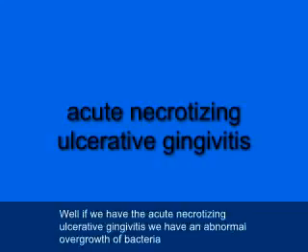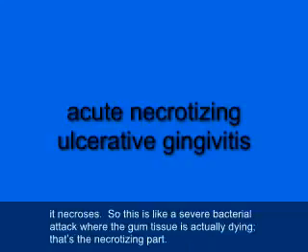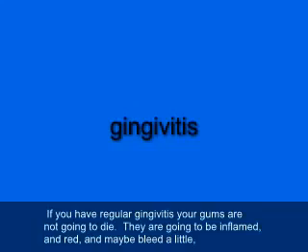Well, if we have the acute necrotizing ulcerative gingivitis, we have an abnormal overgrowth of bacteria that is attacking the mouth, and it causes extreme inflammation and infection of the gingiva to the point that the gum tissue dies. It necroses. So this is like a severe bacterial attack where the gum tissue is actually dying. That's the necrotizing part. If you have regular gingivitis, your gums are not going to die.